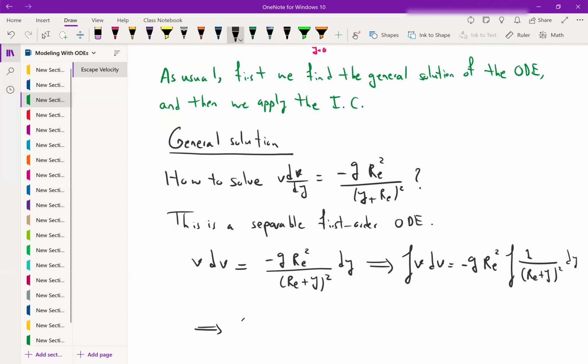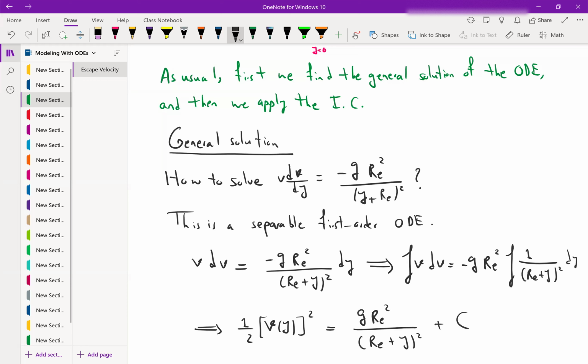So what we have here is 1/2 v squared, where we view v as a function of y, v of y squared, on the left. And on the right, the integral of 1 over re plus y squared is negative 1 over re plus y. So I will get g re squared divided by re plus y, and of course plus c.